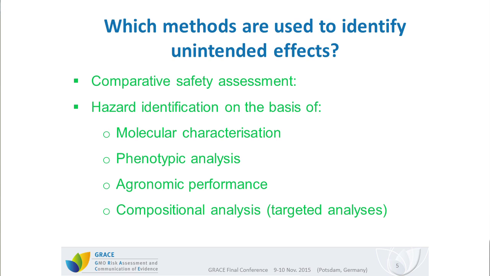Secondly, a detailed phenotypic analysis is performed of the GM line, but also of the conventional counterparts. Similarly, economic performance is done of the GM line and the counterparts. And finally, but very importantly, a compositional analysis based on targeted analysis that targeted all the key nutrients, but also the key anti-nutrients, natural toxins, allergens, etc. So quite a detailed targeted analysis already.